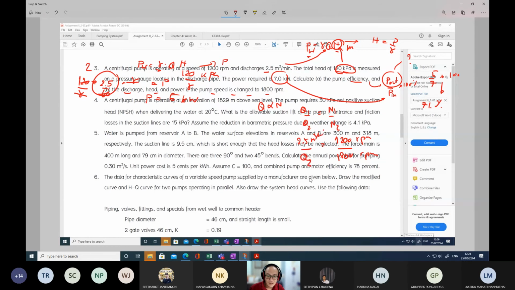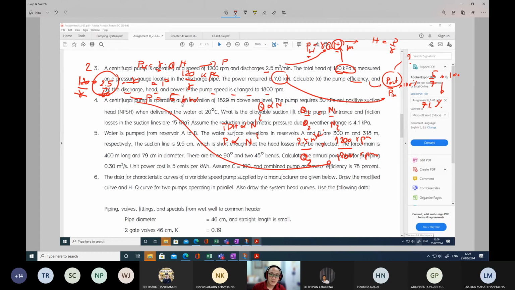Then you can find out the flow rate if we increased the rotational speed to 1800 RPM. The same applies to the TDH and power. TDH varies as n squared, and the power varies as n to the power of 3. So you can find out the new head and the new power.